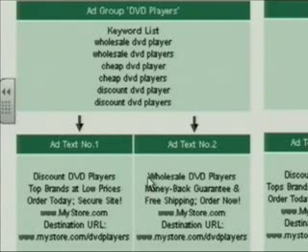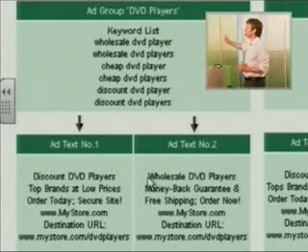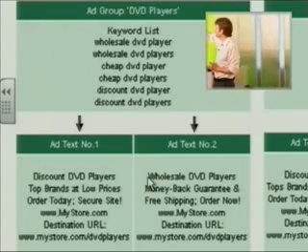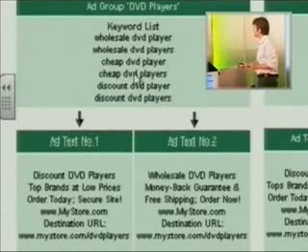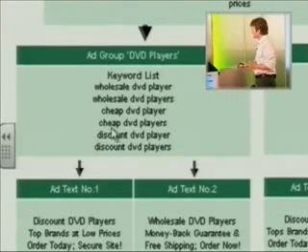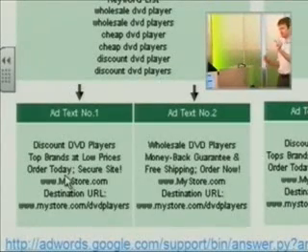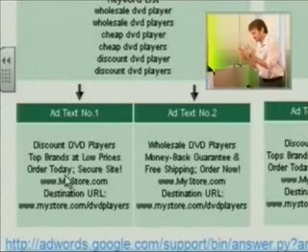So, for instance, if this ad group included DVD players and CD players, as an example, you would need to write an advert that covered both of those. But because we've been sensible and we've split it up and said, this is DVD players only, we are now able to write a really nice targeted advert that focuses on DVD players.